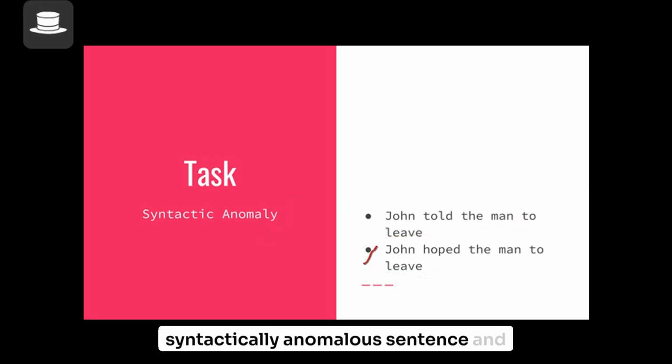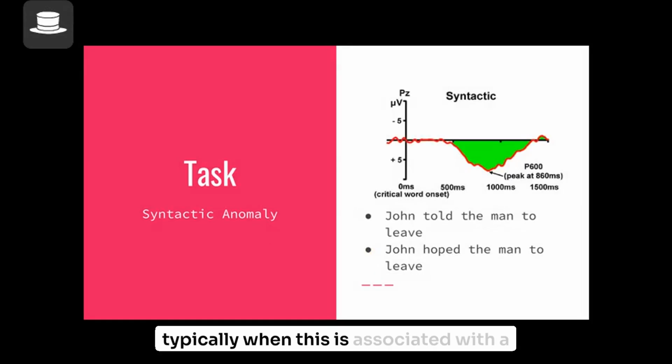And typically this is associated with the P600 phenomenon, where participants, when compared to a syntactically normal sentence, show a P600 in syntactically anomalous sentences.